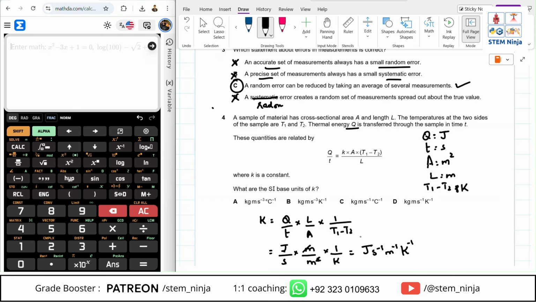Furthermore, I just remembered, joules needs to be converted also. The joule is a unit of work done, force times displacement. So force is kg meters per second squared, times meters.